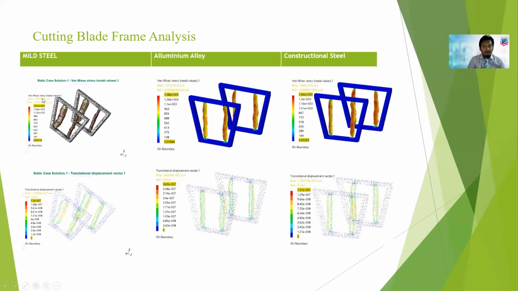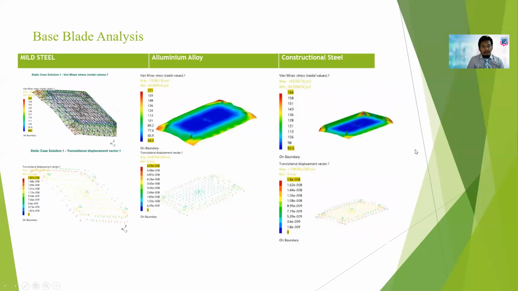This is the result for von Mises. The upper and the lower are the results for translational, for the blade frame analysis. The third analysis is the base blade analysis. The types of material that we use are mild steel, aluminum alloy, and constructional steel.